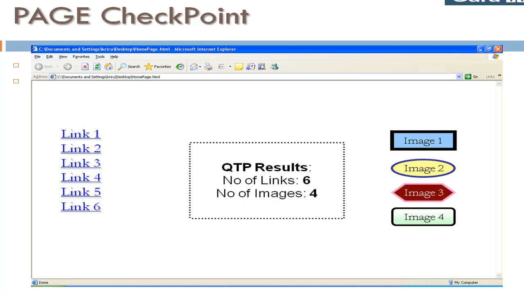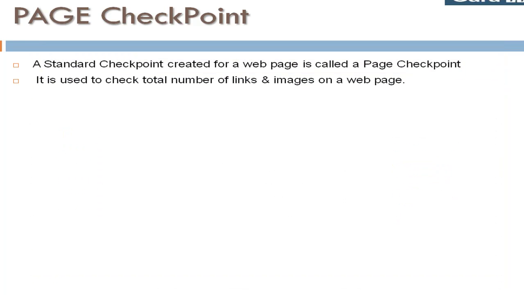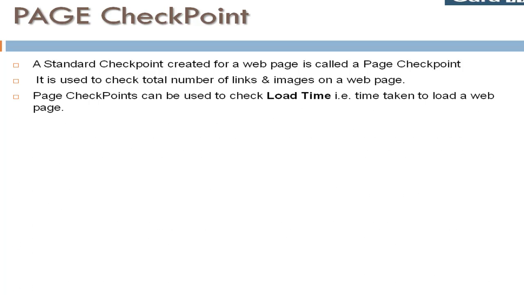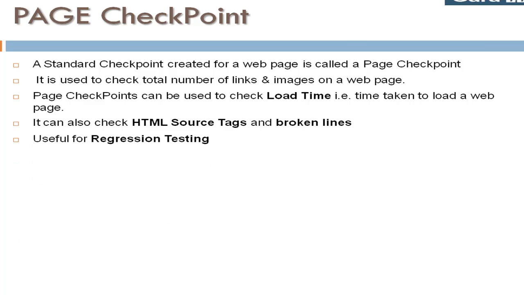A page checkpoint will give you a count of the total number of links and images on that page. A page checkpoint can also be used to check load time, that is, the time taken to load a web page. It can also check HTML source tags and broken links. Page checkpoints are very useful for regression testing.